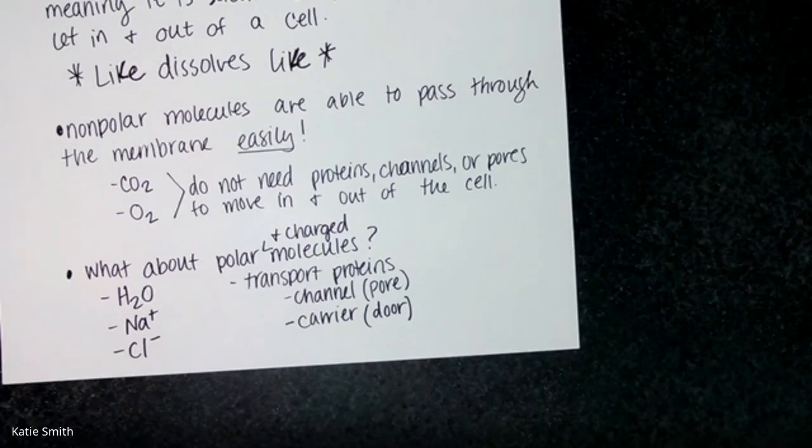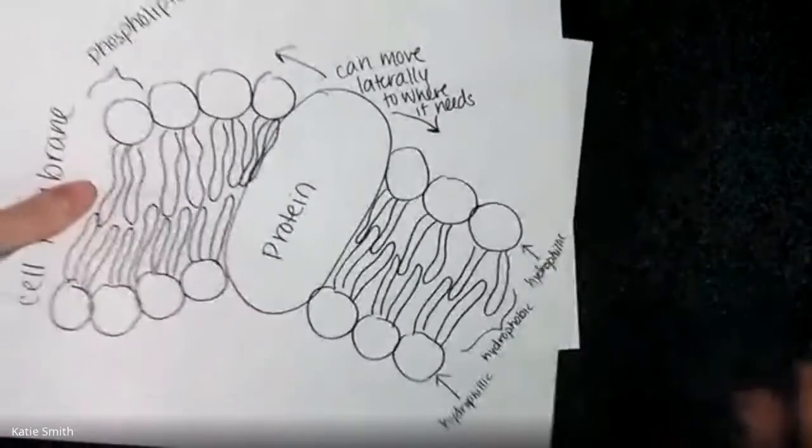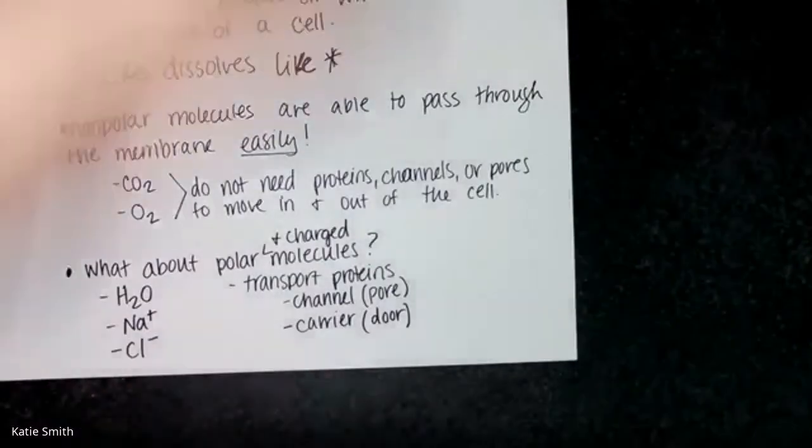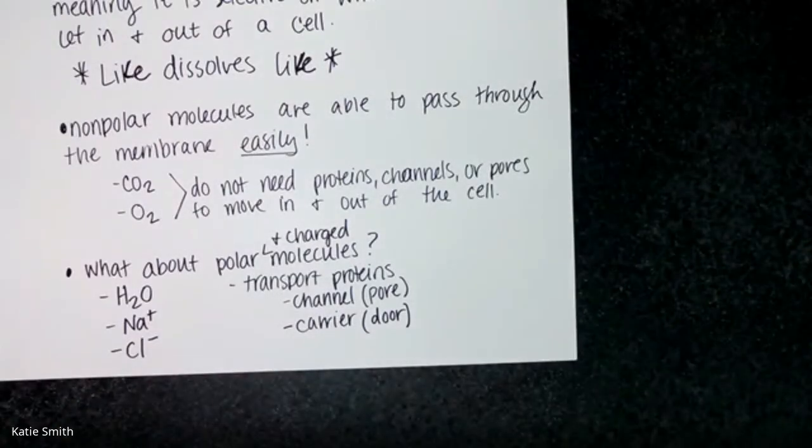It's an actual opening via a protein in the membrane. So it's like this big protein here, just with a channel in it. And it's got cytoplasm inside of it. And so obviously if the ions are able to be in that cytoplasm, because the cytoplasm is polar, it's mainly water.